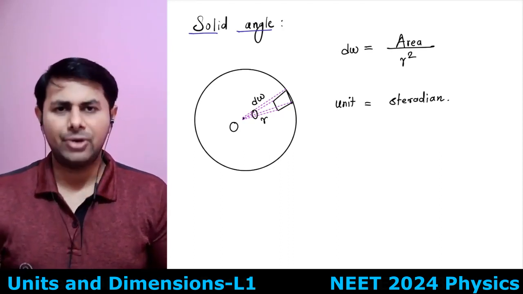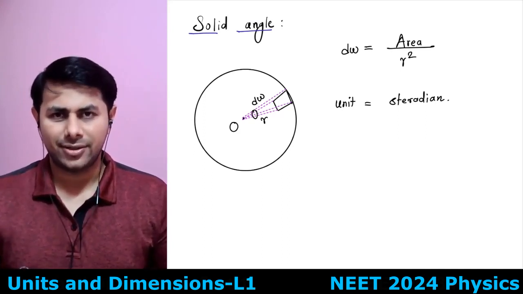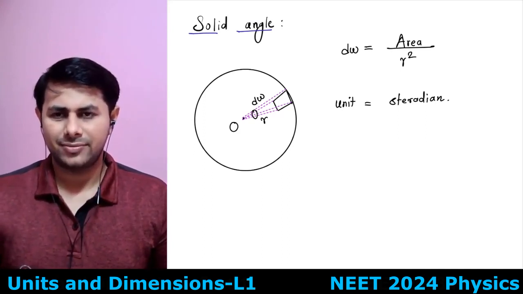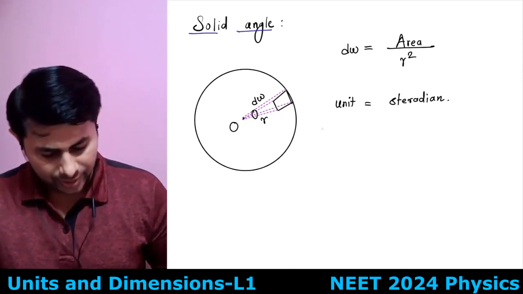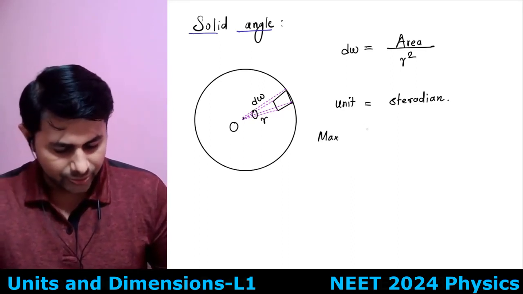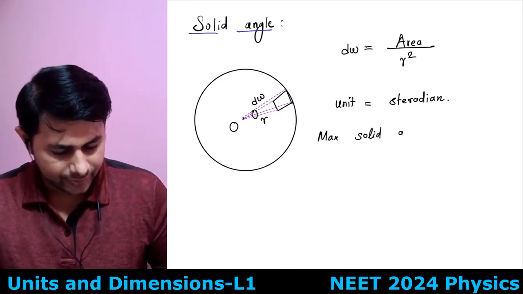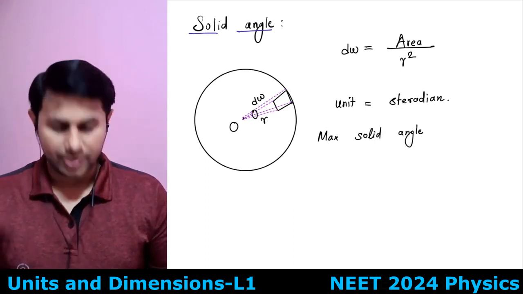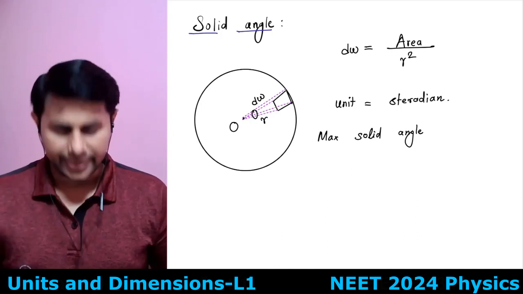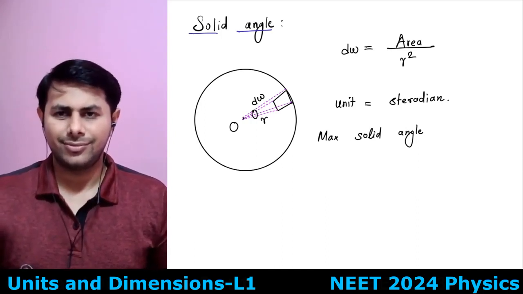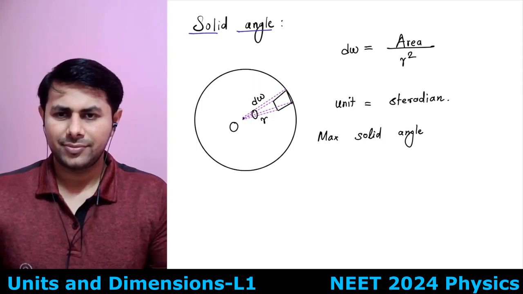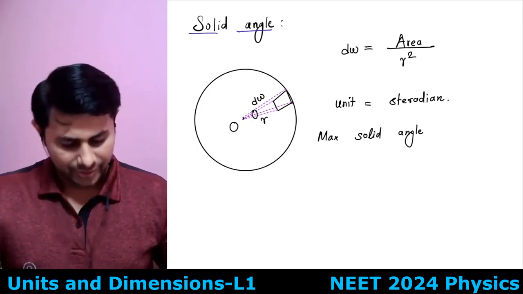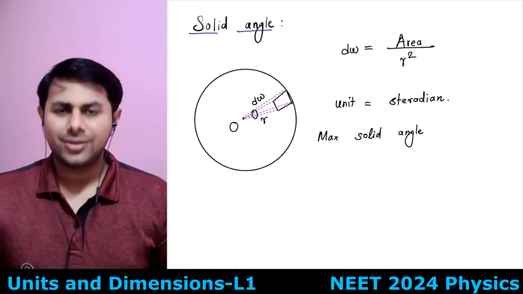Now let's say I want to find out the maximum possible solid angle. How much would that be? Just like we found the maximum plane angle, the maximum value of solid angle which can be subtended at the center of a sphere. It's simple, no? Now how do you define this solid angle?